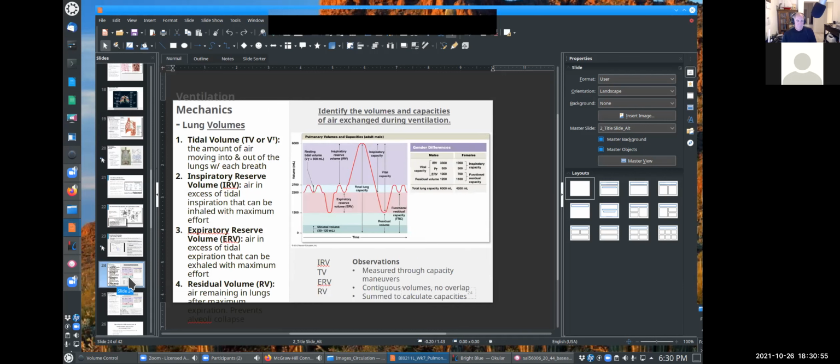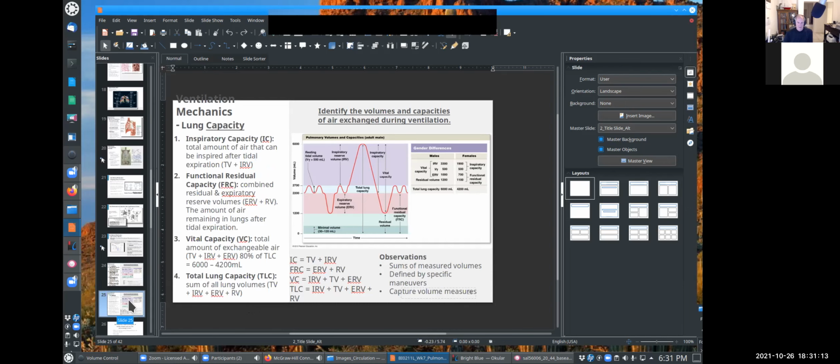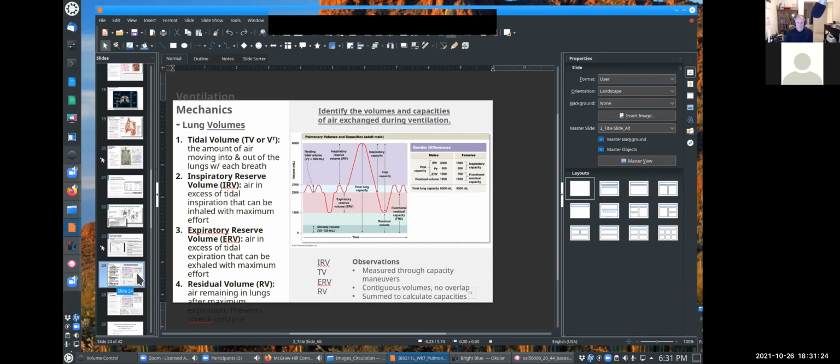And then you're going to have to memorize these. This will be on the test somewhere. So all of these volumes. You've got 4 volumes and 4 capacities, and the capacities are sums of volumes. Just on normal respiration, this is your total lung volume here, from top to bottom.